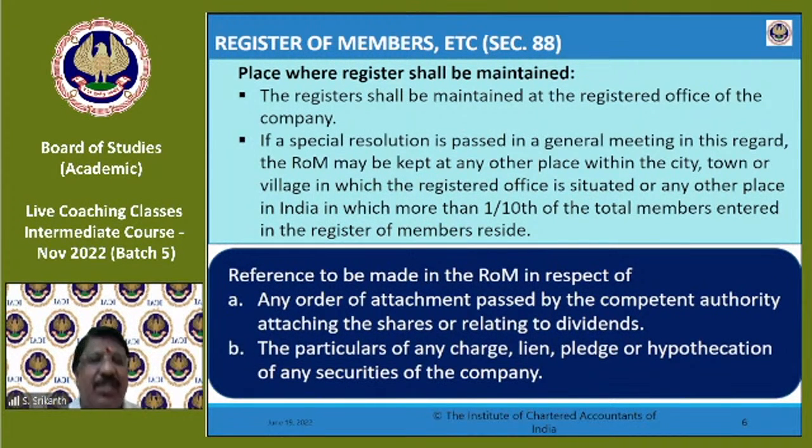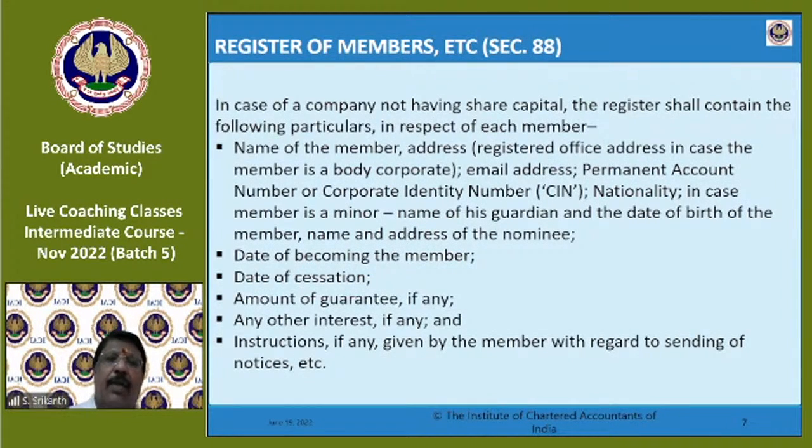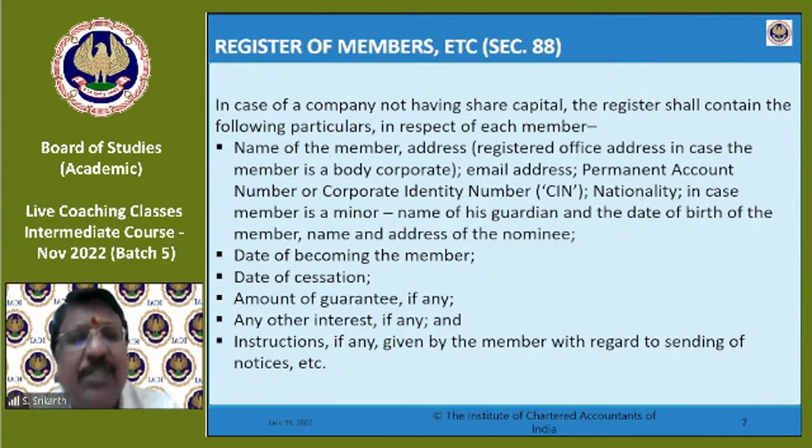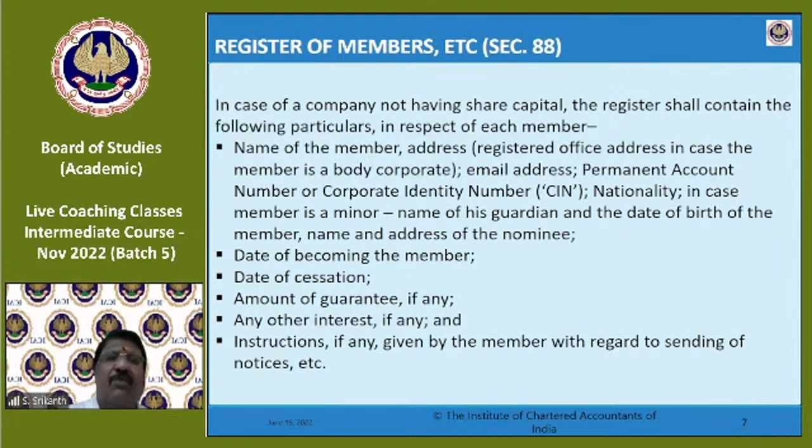There is a beauty of listed companies. There is no manual work. But for unlisted companies and private companies, it has to be written manually. In the case of a company not having a share capital, the register shall contain these things. I'm going to skip this. You can read it for yourself. It's all standard, right?